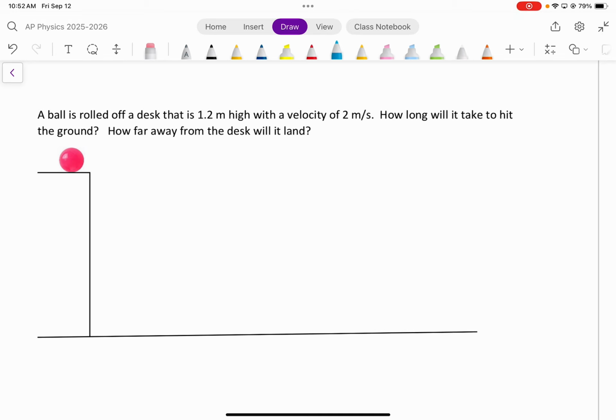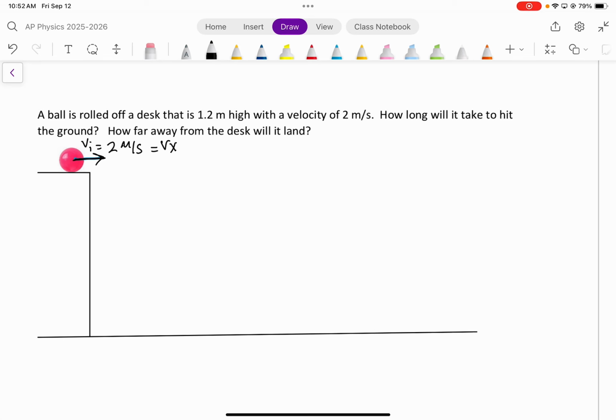Now, the sketch and the givens are going to look a little different because most of the time your givens are going to be written on the sketch. So VI is going to be 2 meters per second, and this is the velocity in the x direction.